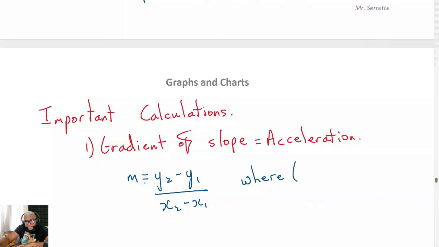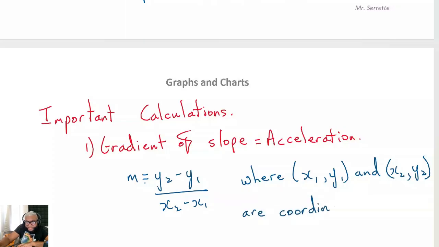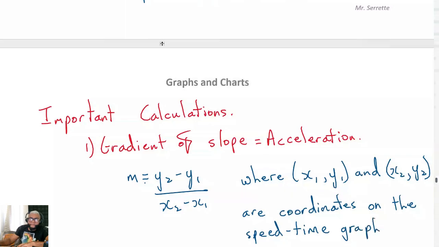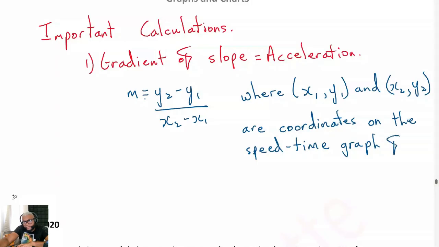Where x1, y1 and x2, y2 are coordinates on the speed time graph for that period. Okay?